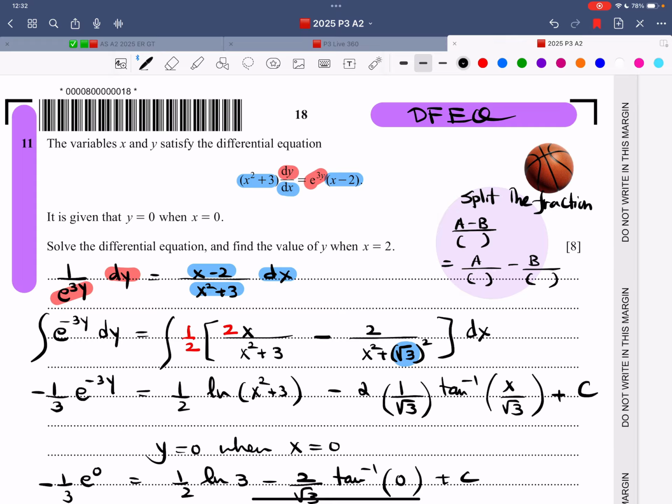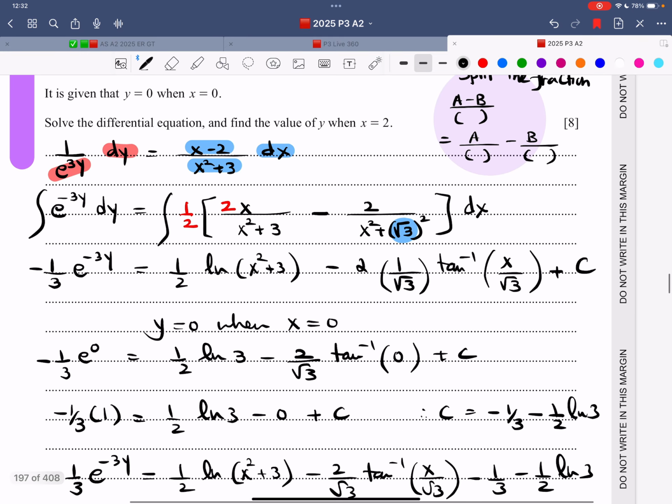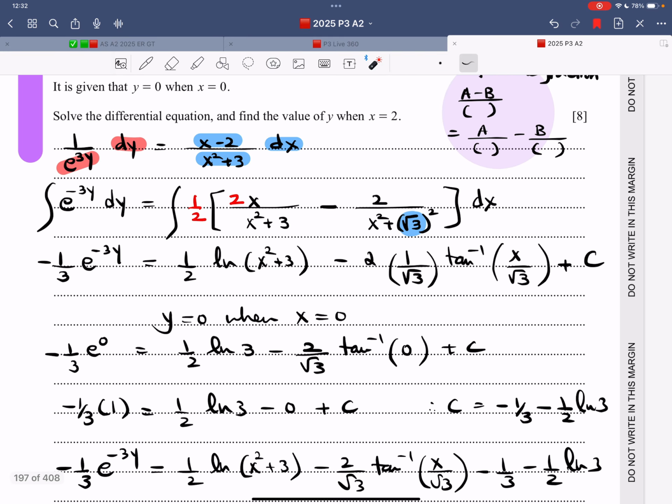That is the knowledge that we are using over here. So the first thing that I did is x over x squared plus 3 minus, in the middle, 2 over x squared plus 3. Now there are two things that I also did. If this is the denominator, the derivative has to be 2x. So 2 was missing. That 2 I wrote myself and I balanced it with a half.